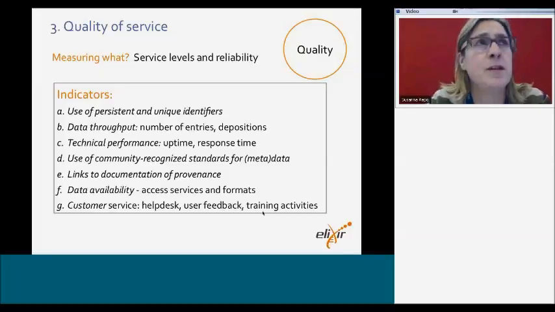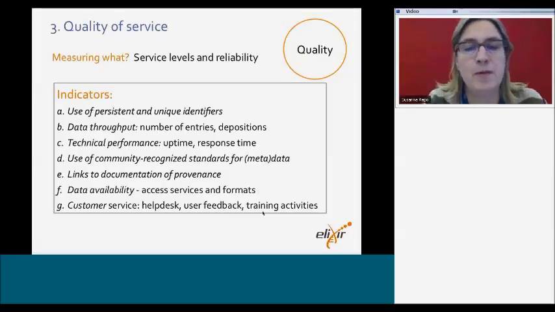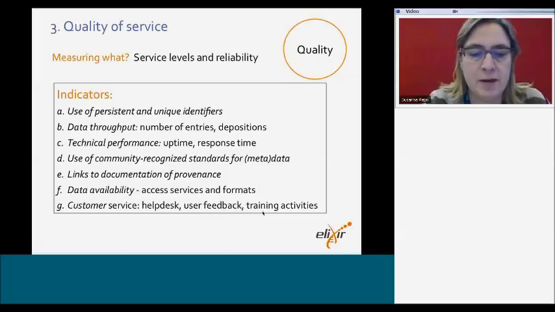And this is very FAIR. This is a very FAIR-like metric that we've got. And in fact, in the paper that I mentioned on the ELIXIR channel, we have mapped all of these indicators to FAIR principles, and they map extremely well. And in fact, these indicators that we're using go beyond the FAIR principles to really talk about impact. So yeah, standard metadata.